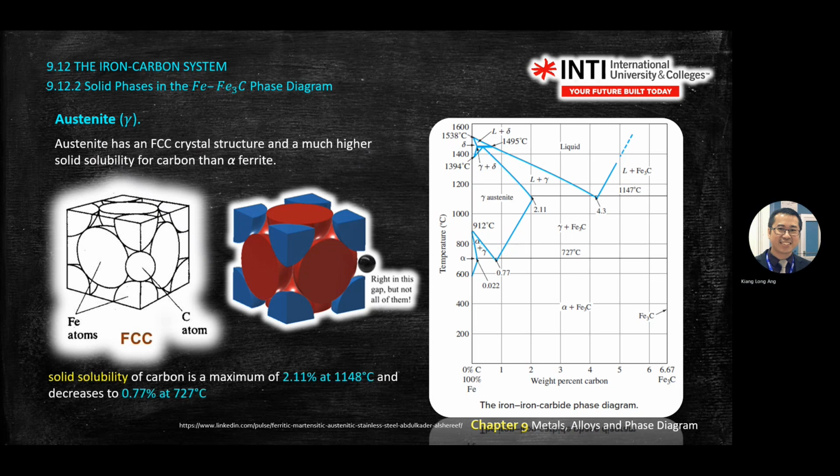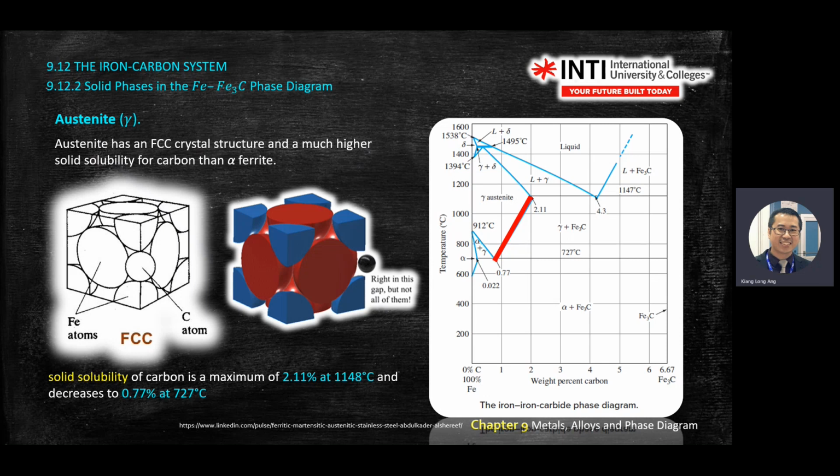Okay. Right. Yeah, the rest is read from the graph. Quite direct, huh? Solubility maximum carbon at 2.11 here. And then you extend to this temperature, 1173. Sorry, 1148 or 1150 here. Okay, maximum solubility. What is maximum solubility? It means the maximum percentage of carbon that you can put inside the ferrum.